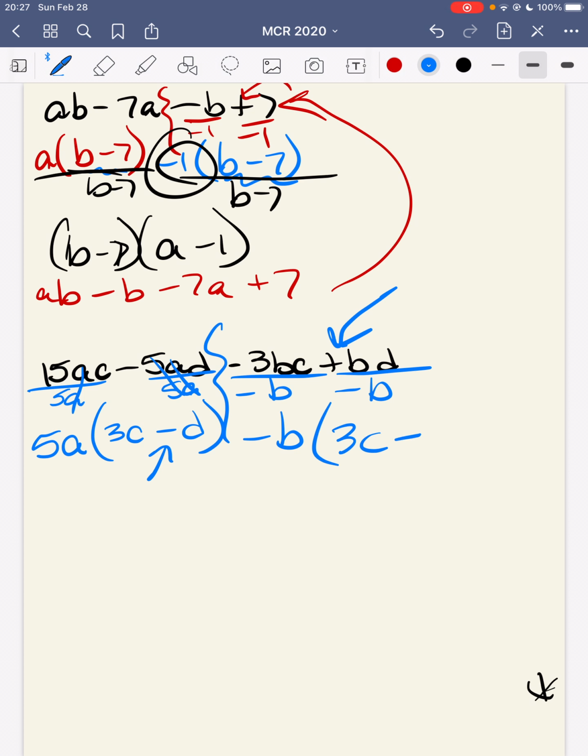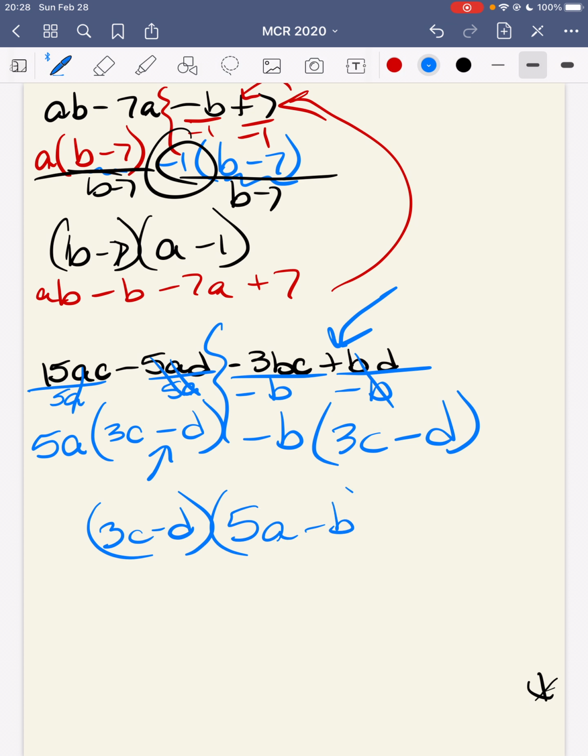And minus, because positive over negative is a negative. B's cancel, and I'm left with D. All right, I have a binomial GCF here, so I have 3C minus D. Leftovers go in a second set of parentheses, so I have 5A minus B, right?